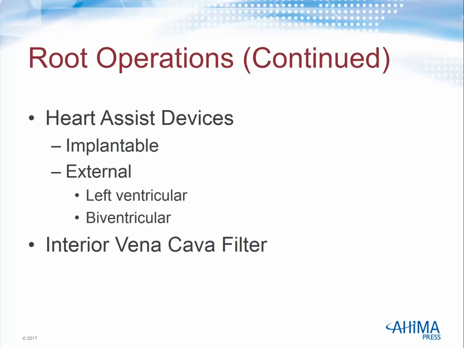The next device that your textbook talks about is a heart assist device. It can be implantable or external. Heart assist devices have a conduit that moves blood from the left ventricle to the systemic circulation through the aorta. The aorta was that large arch of your heart.